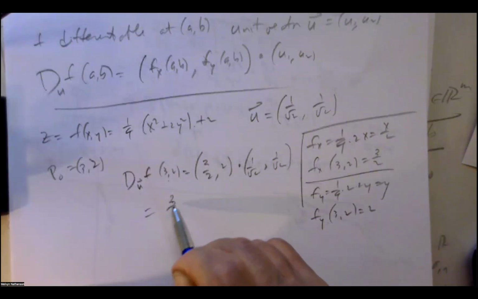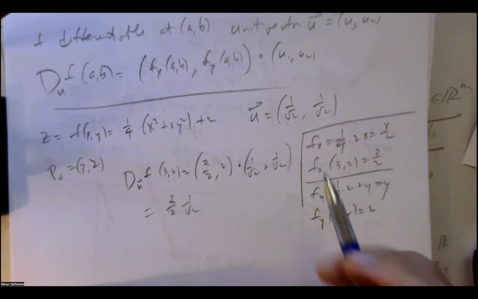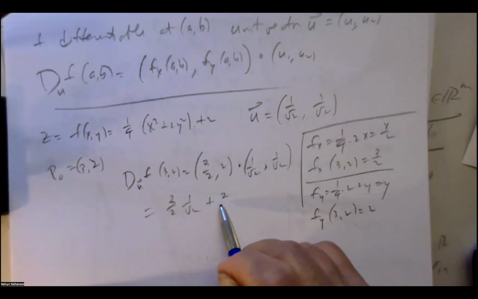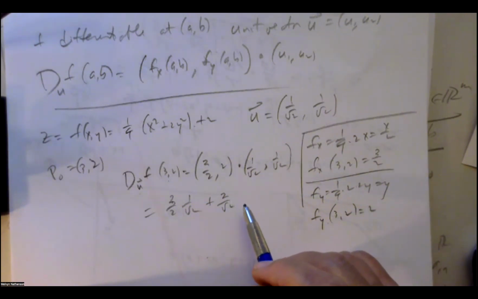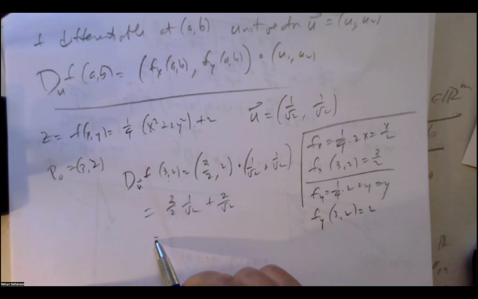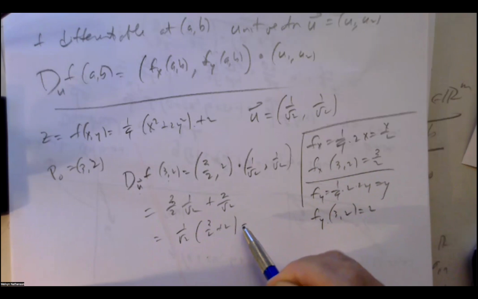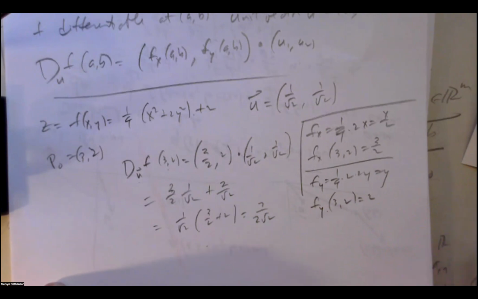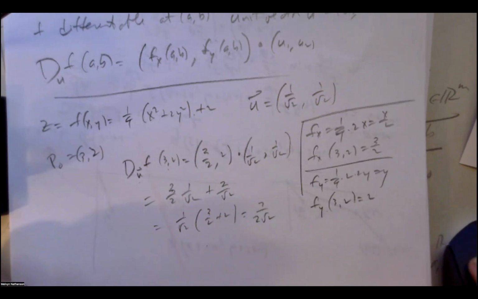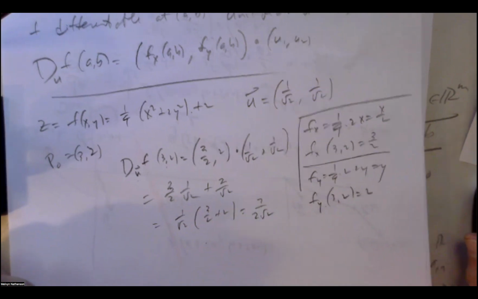So that's 3/2 times 1 over root 2 plus 2 times 1 over root 2, is 1 over root 2 times 3/2 plus 2, which is 7 over 2 root 2. And that's the directional derivative.